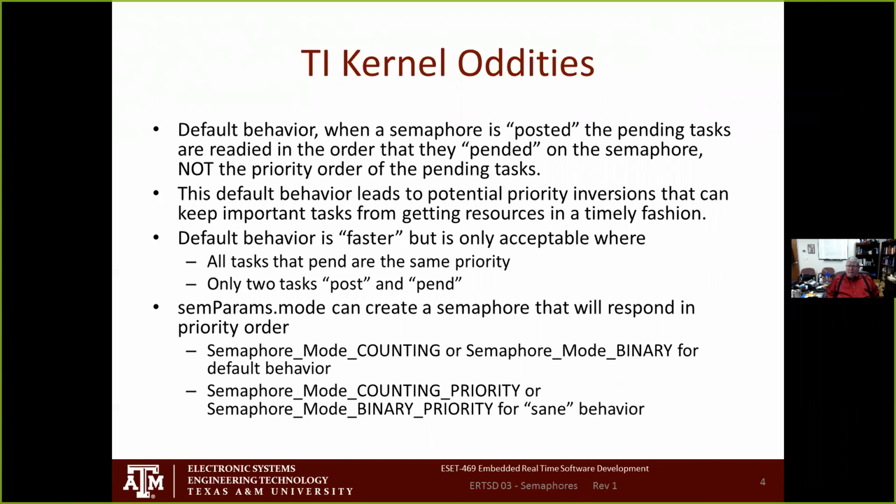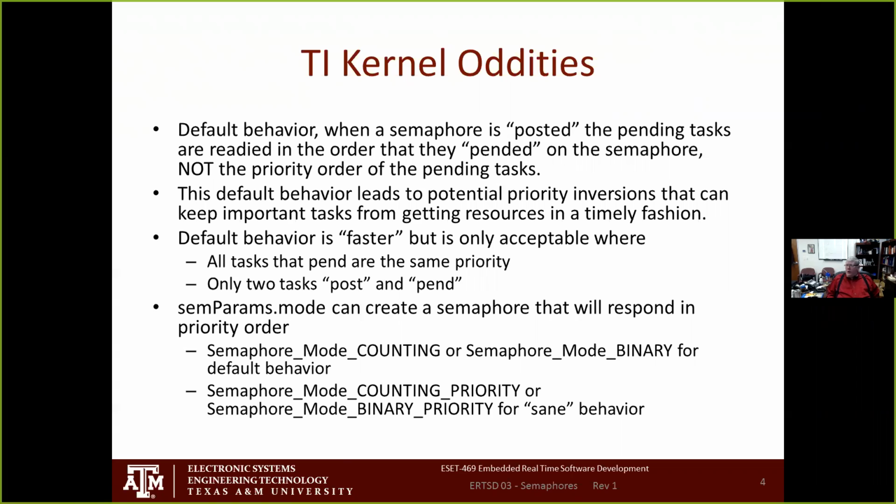Having said that, in general, you will not want your semaphores to operate this way when you use them. Fortunately, TI does allow you to change it so that it can operate semaphores on a priority basis.